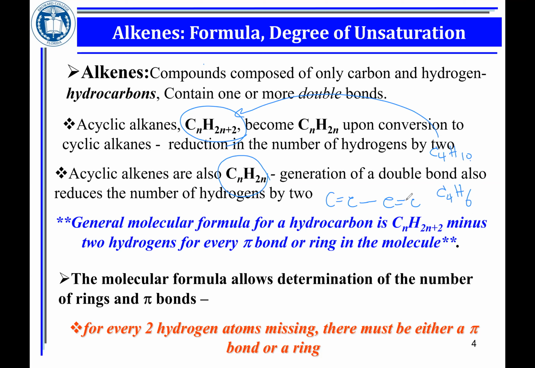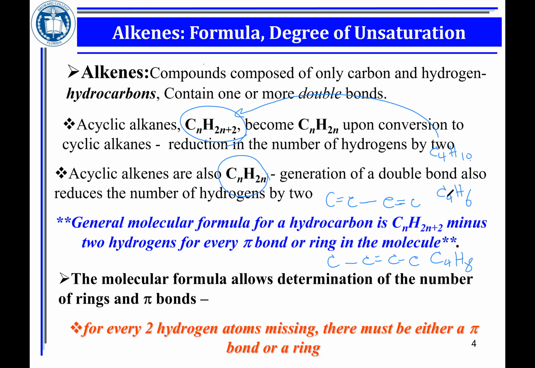If you increase the number of pi bonds or double bonds, for every double bond you're missing 2 hydrogens. If you have 4 carbons with 1 double bond, the formula is going to be C4H8. So it's missing one set of hydrogen, or 2 hydrogens, compared to the C4H10, which is saturated.